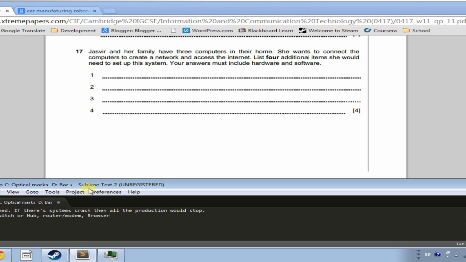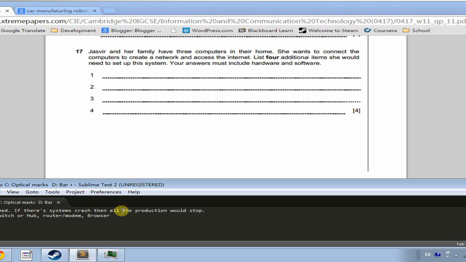So again, these things are not necessarily requirements, so they don't really fit into the question of what she would need, but they would be strongly advised. So they're allowing those as answers, which is quite good.